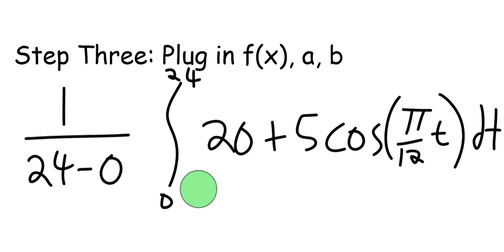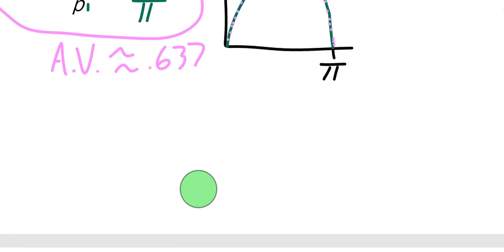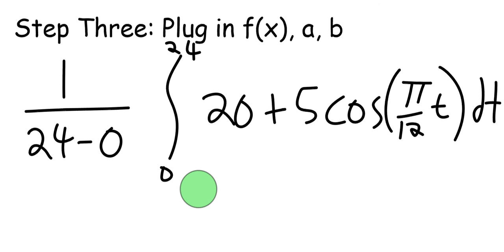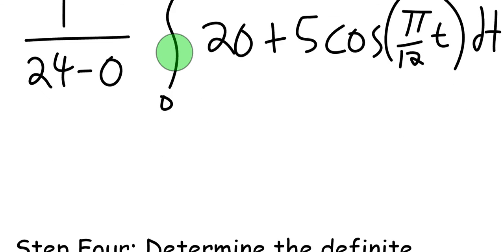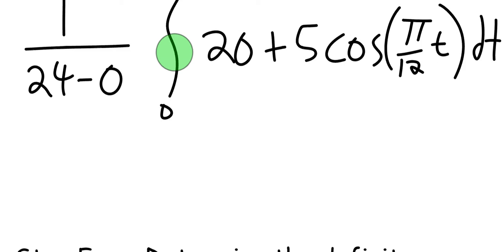Since it's in terms of t, I'll write dt. That will give us the average temperature in this museum over the first day, from 0 to 24 hours.